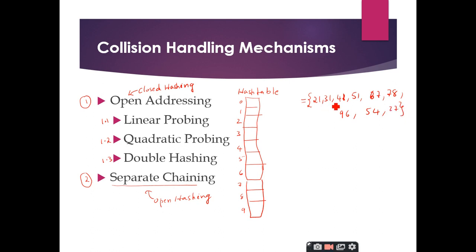So let us take 9 values which I want to insert inside this hash table. Let me take the hash function h of x as x mod 10. So we represent it like this.